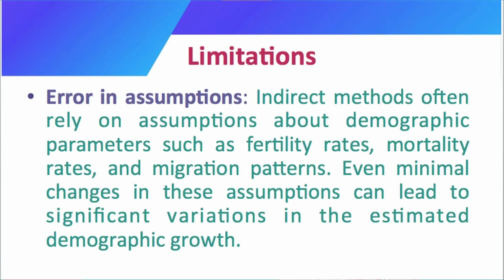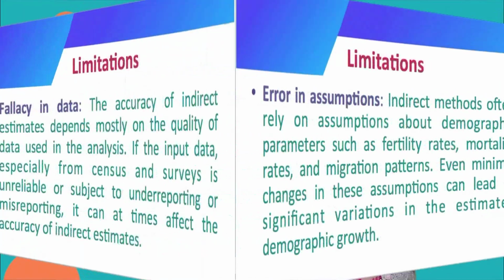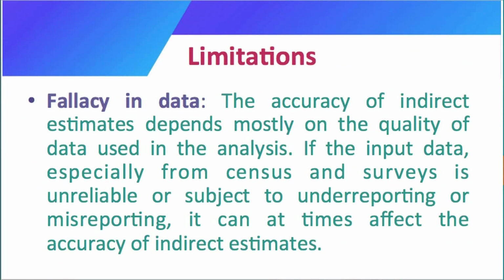Indirect methods often rely on assumptions about demographic parameters such as fertility rates, mortality rates, and migration patterns. Even a minimal level of change in these assumptions can lead to significant variations in the estimated demographic growth, leading to problems in calculation.